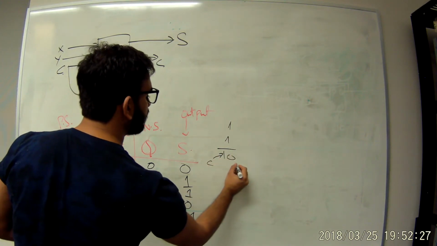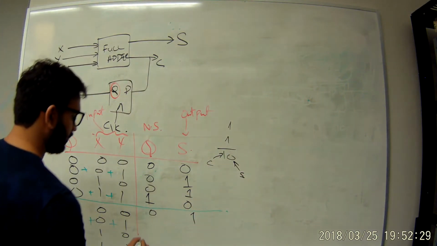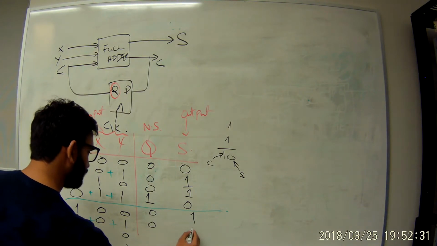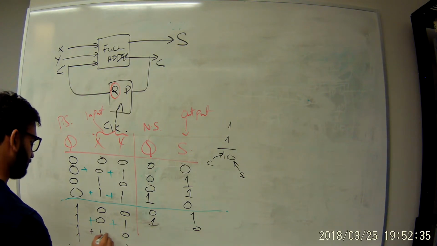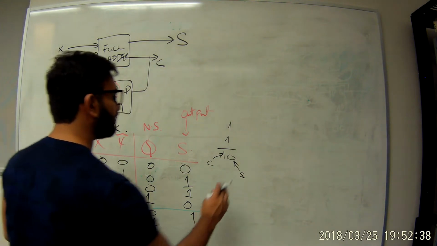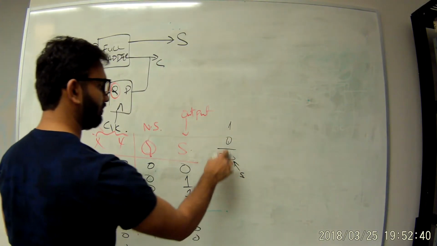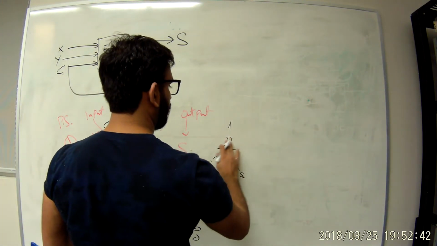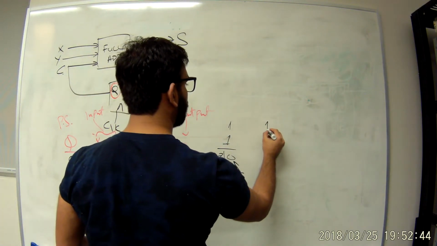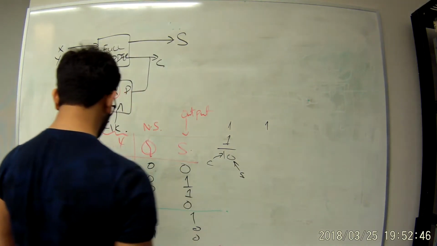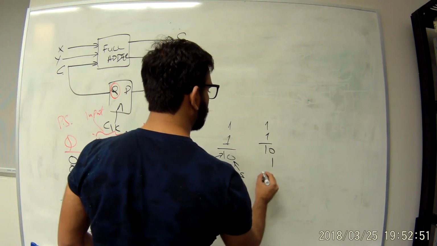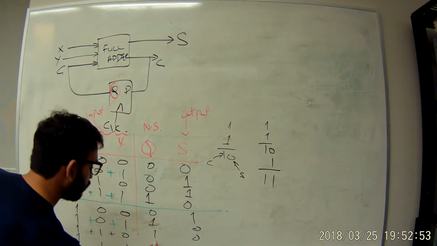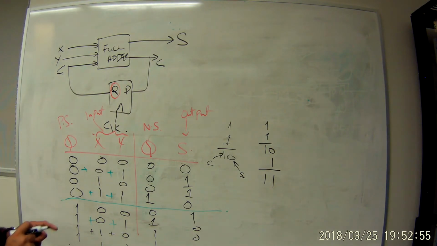So this is our carry, this is our sum in this case. Next case is the same, 1, 0. Last case, we have 1 and 1 and 1, so we get 1, 1. Okay? So both of them will be 1 and 1. So you've got our table.